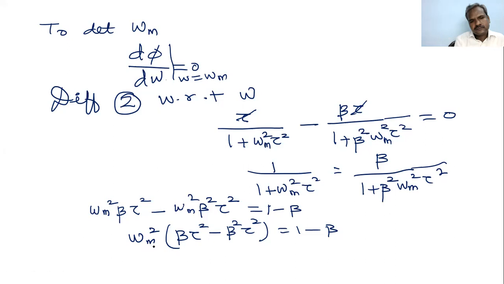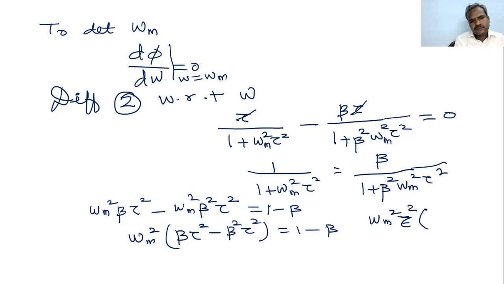What can we do here? Omega m square equal to... we can take tau square also outside.